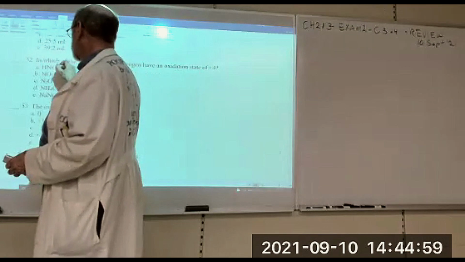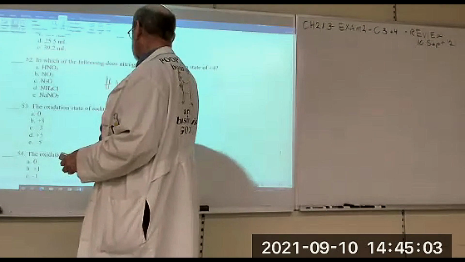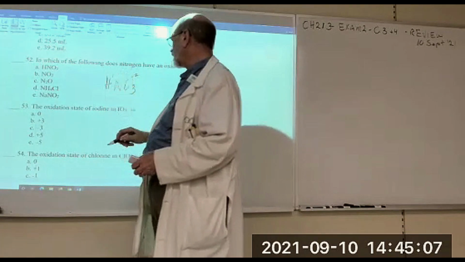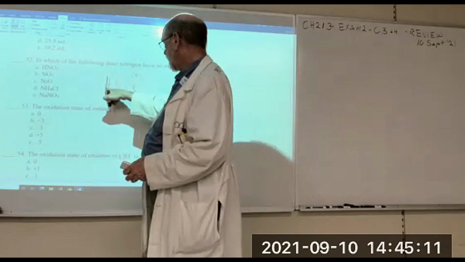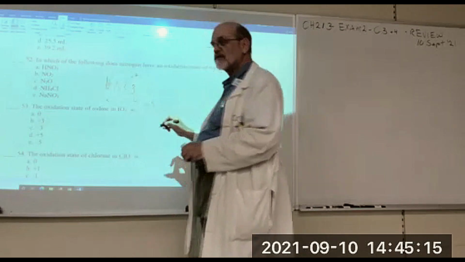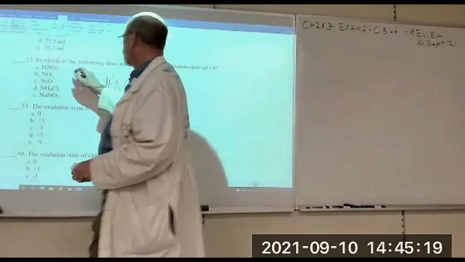It's always -2. Let's write it bigger. So this is -2, and hydrogen's +1. So that means this is -6, and this is +1. So you actually have -5, that has to be balanced by nitrogen. So nitrogen is going to be +5.